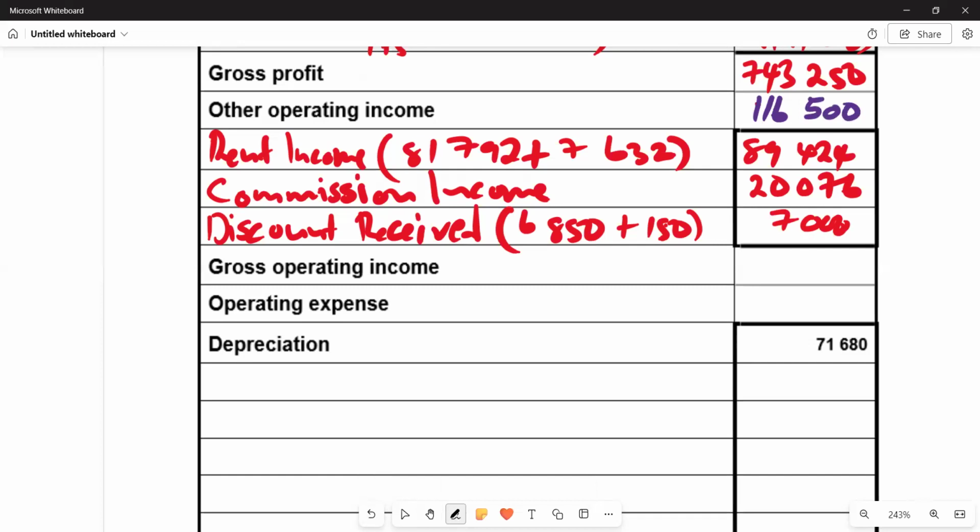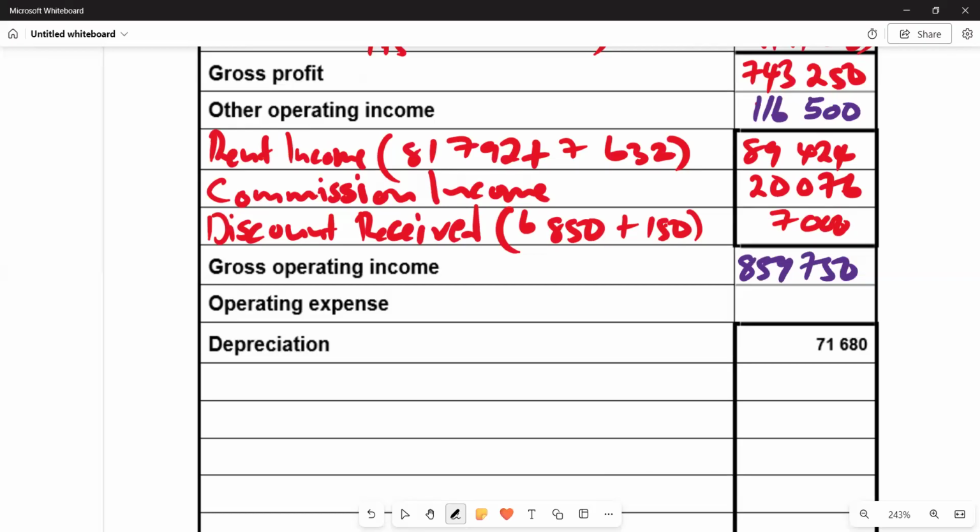And then we are supposed to add other income to gross profit by saying 743,250 plus 116,500. And then we get the gross operating income here, which is supposed to be 859,750.